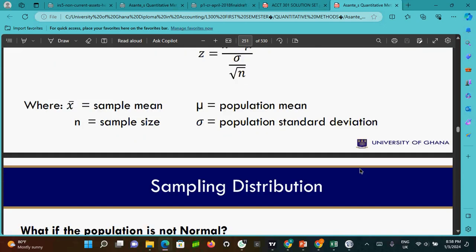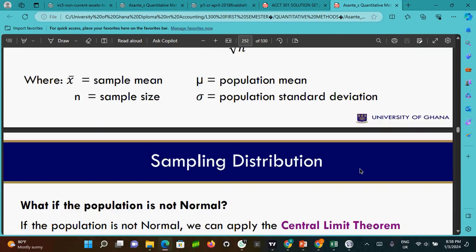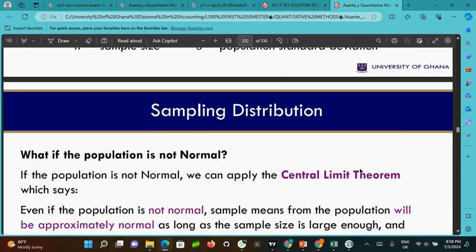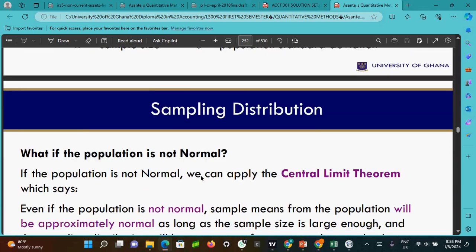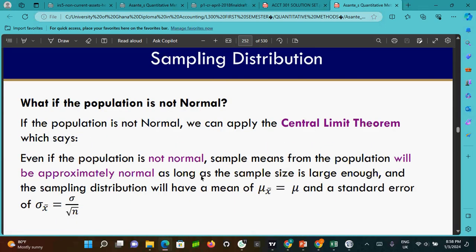Basically, x-bar is the sample mean, n is the sample size, mu is the population mean, and sigma is the standard deviation. So that's sampling distribution.